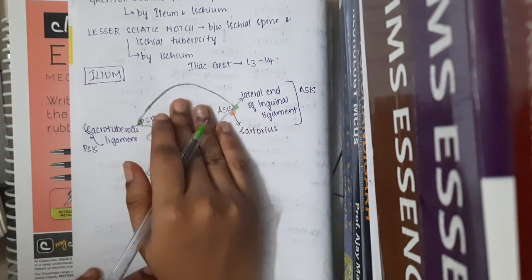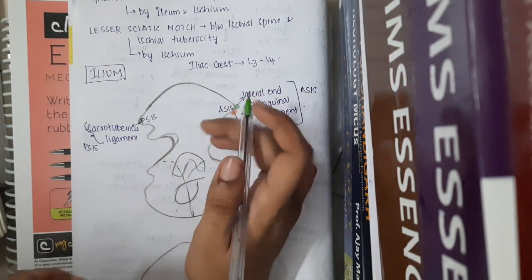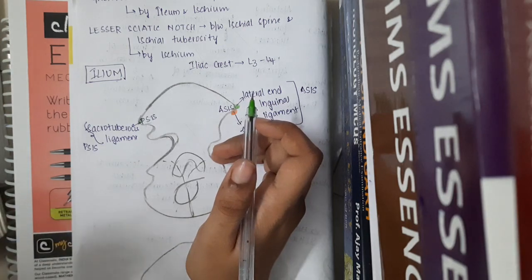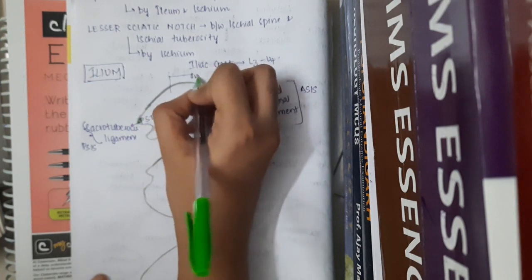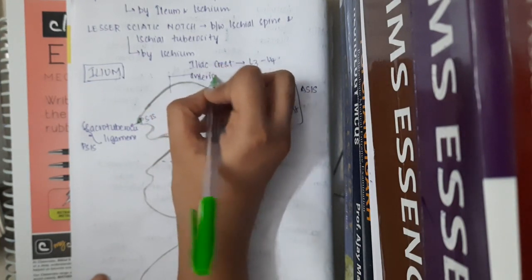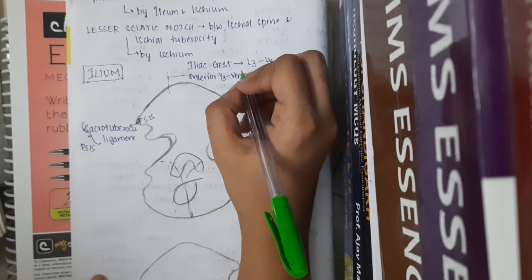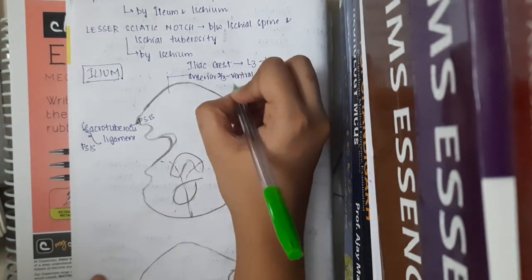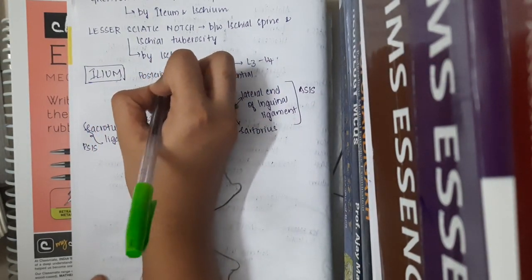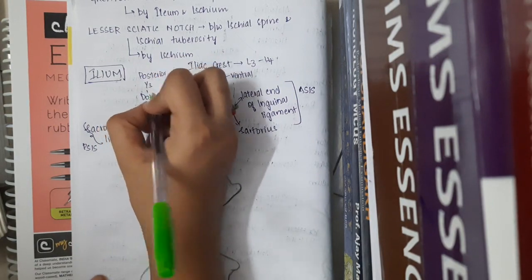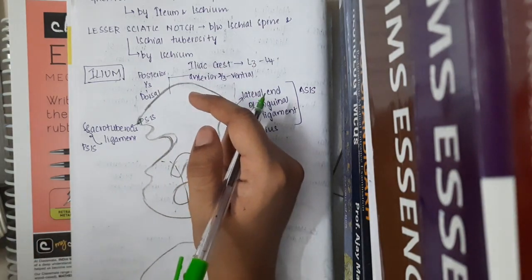The ventral surface is the anterior 2/3, and the posterior 1/3 is the dorsal segment. Now in this ventral segment you have an outer lip, intermediate lip, and inner lip.